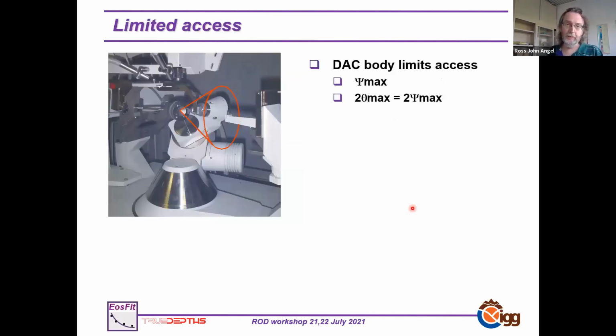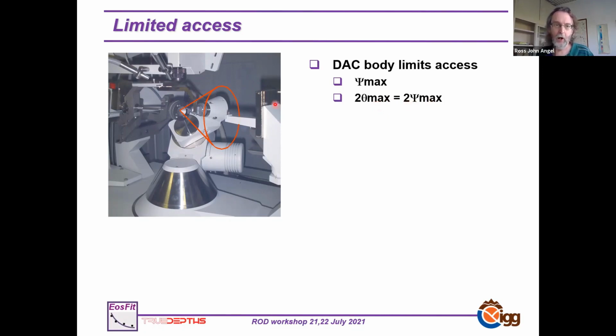As you've seen, the diamond anvil cell limits access, so there's a limit to psi max. As I've shown here, this is an even older picture from about 2001. Again, we got an Oxford Diffraction diffractometer. And the maximum opening angle here, which is twice psi max, typically you've been hearing 80, 85 degrees, limits the maximum 2 theta to which you can measure reflections.